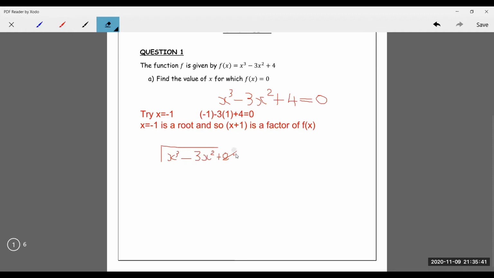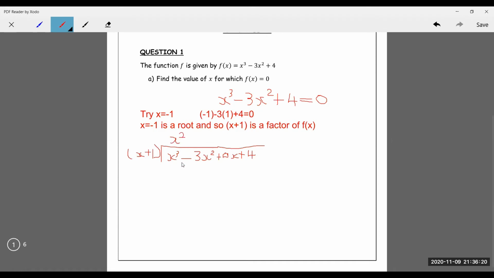Now we're going to have x plus 1 as the divisor. So we have x plus 1 into x cubed. Well, x into x cubed goes x squared.